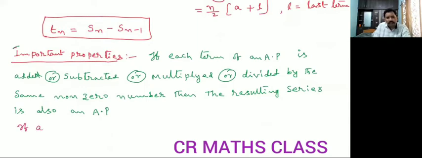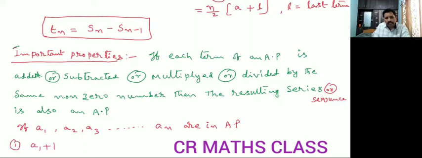If A1, A2, A3 and so on, AN are in AP, now each and every term I am going to add a particular constant K: A1 plus K, A2 plus K, A3 plus K and so on, AN plus K is also an AP, arithmetic progression.